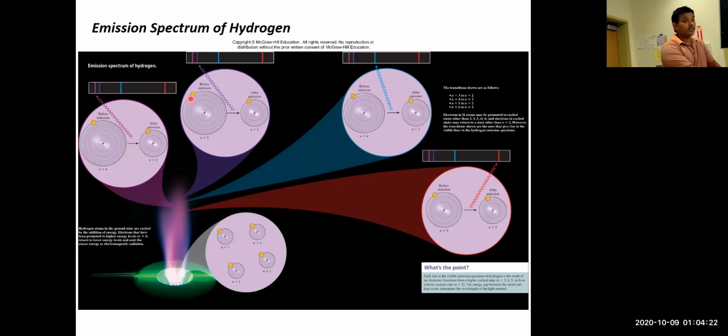The electron in N6 could come back to any different level, but it is from N6 to N2 that we see this. And when an electron in N5 comes back to N2, we are again able to see another wavelength with our naked eye.